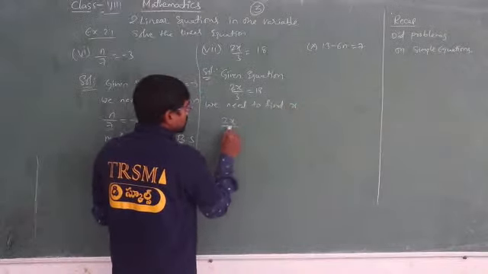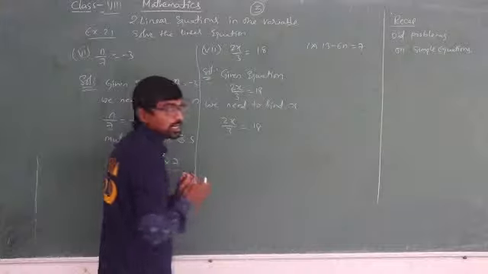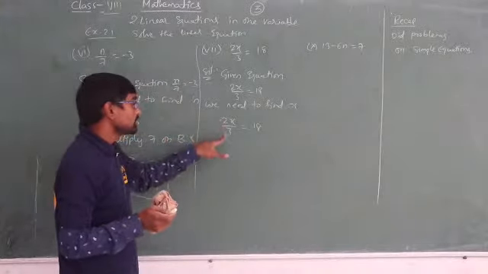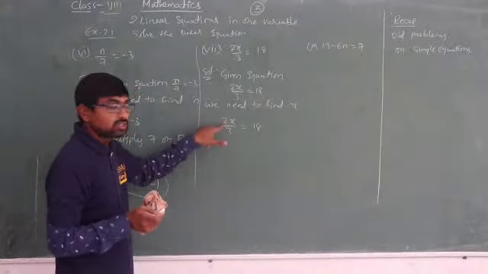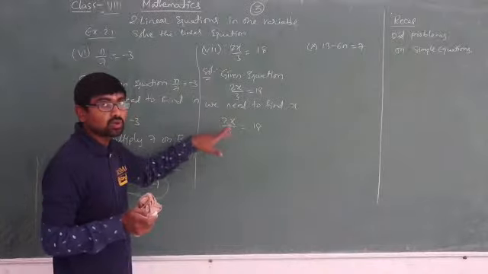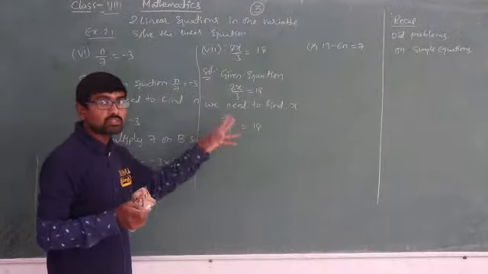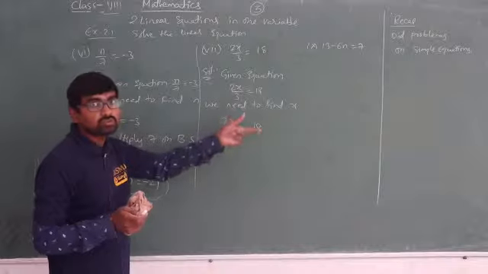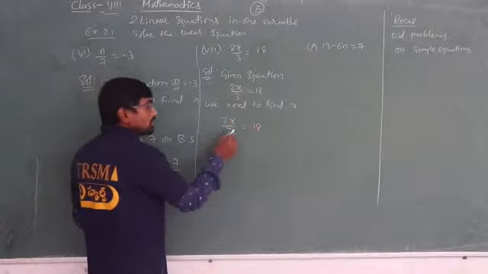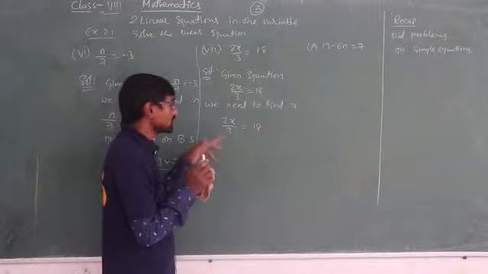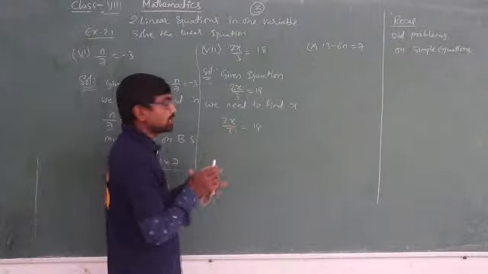So here, 2x divided by 3 is equal to 18. You can see 2 by 3 is multiplying x. We have to remove it by using the multiplicative inverse. First I will take the multiplicative inverse of 3. As 3 is dividing here, I will multiply by it.